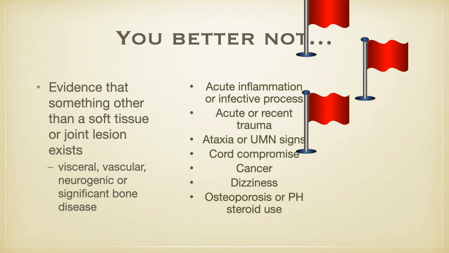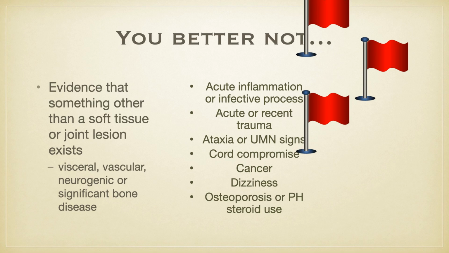So the point here is that there's evidence that you've gained from your examination that something else is going on, not musculoskeletal. So that could be visceral, vascular, neurogenic, or some other bone disease. It could be an inflammatory process, like we said earlier, with some of the different infections.